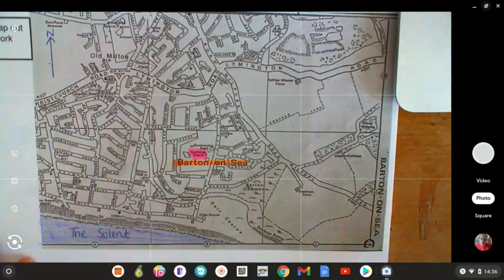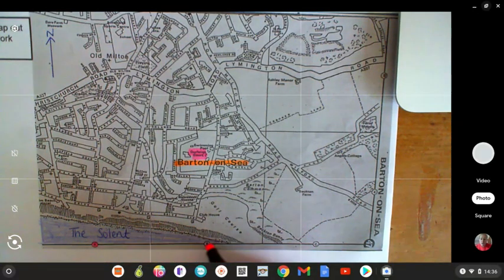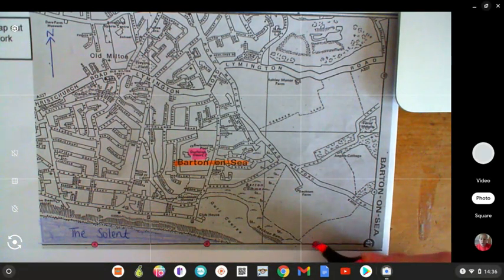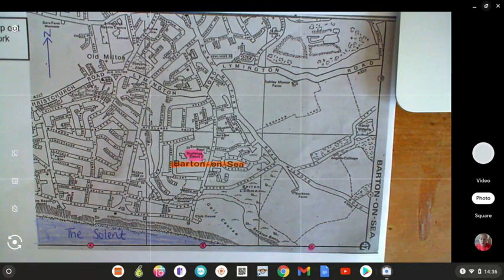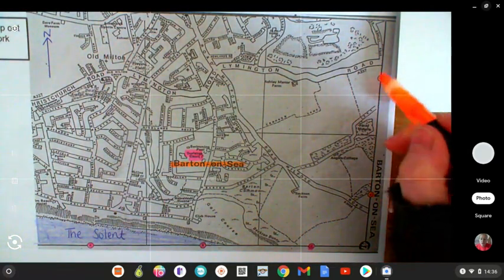Okay, that's a really important bit of local knowledge for you that you need to know. Okay, so it's called the Solent. Now, as you might have already seen, we have got some grid references here. Okay, A, B, C, and then we've got 4 and 3.